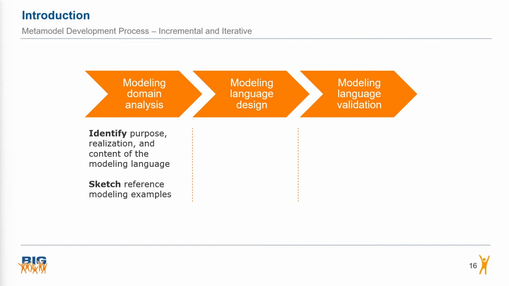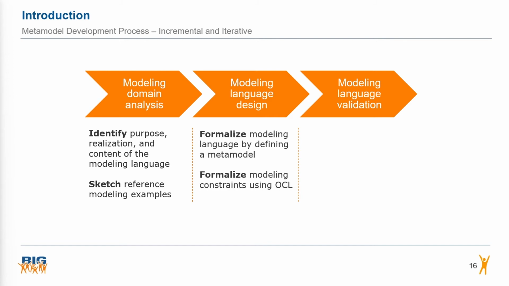So you would specify a representation that you would like to have, and then you think about in a subsequent step, in the modeling language design step, how would a modeling language need to look like to allow that all of the sample sketches that you have created are valid models according to this kind of meta model. So you formalize the modeling language by defining a meta model like the one that we saw with the EBNF, or using a different formalism, for example, using the meta object facility, and then defining your meta model as an instance of the MOF.